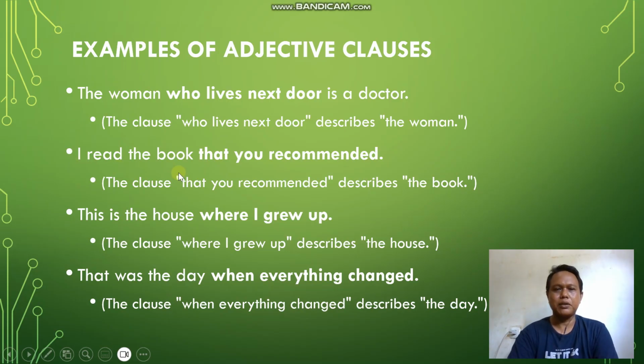I read the book that you recommended. The clause "that you recommended" describes the book, and the book is a noun. So this is an adjective clause: "that you recommended" describes the book as a noun.